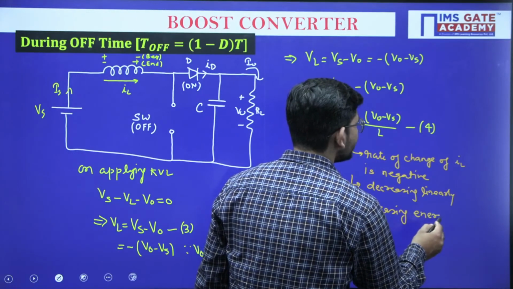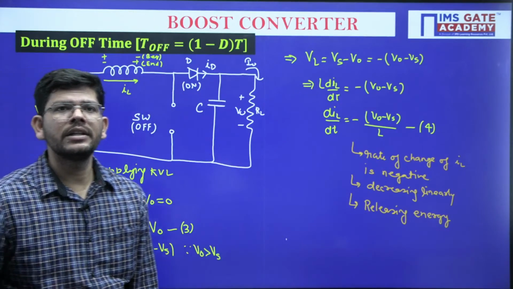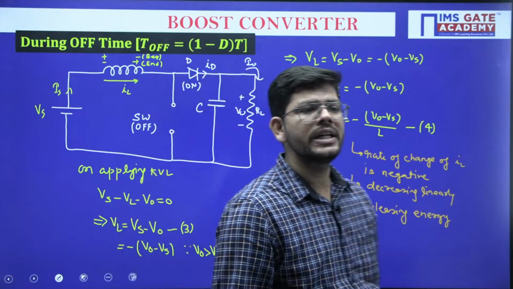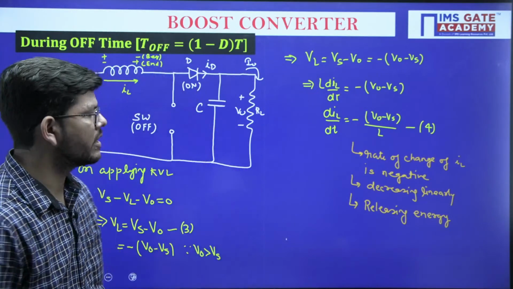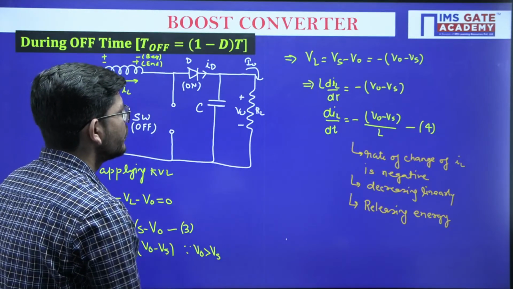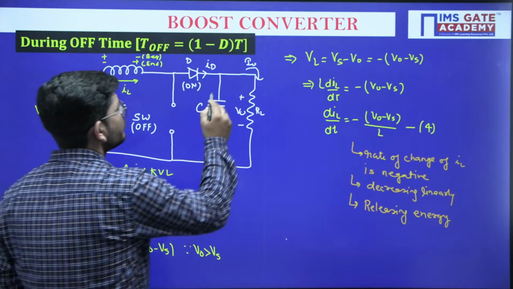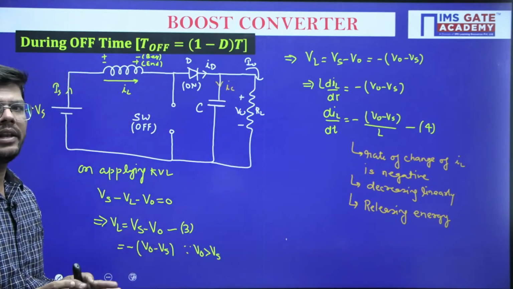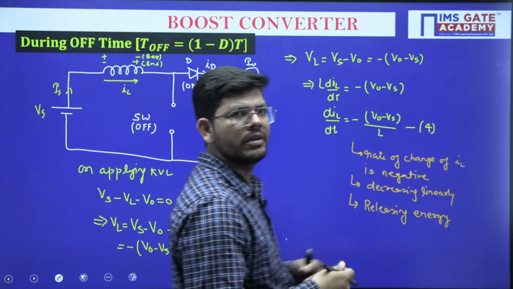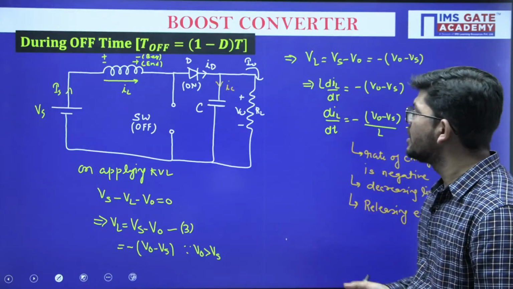These are the things with the inductor and the capacitor: if they have taken energy, they have to return the same energy, isn't it? So we obtain this condition. Now what will happen to this capacitor? We will discuss the operation of the capacitor in detail later in this lecture. So this is what is happening during the on time and during the off time.